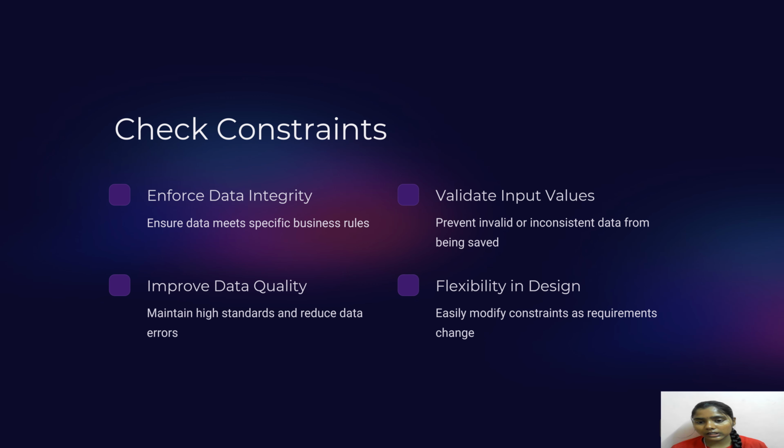The second one is validate input values: prevent invalid or inconsistent data from being saved. The third one is improve data quality: maintain high standards and reduce data errors. Flexibility in design: easily modify constraints as requirements change. These are the descriptions for check constraints.